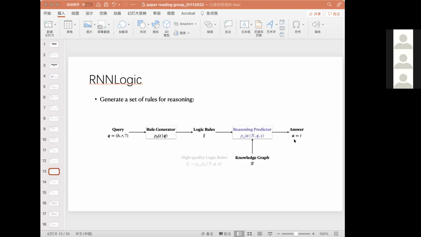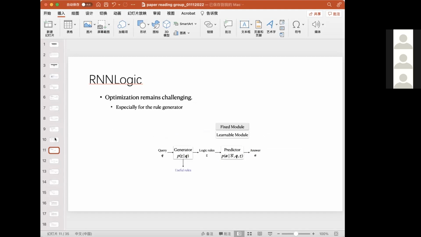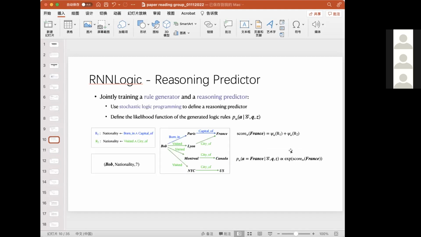So the idea here is that we have already introduced before that in this framework, each logical rule will be associated with a confidence score.